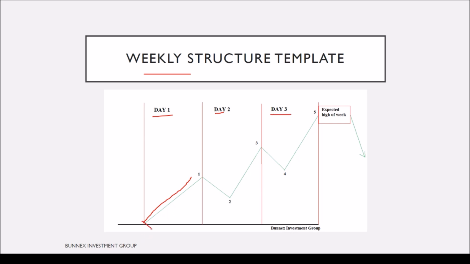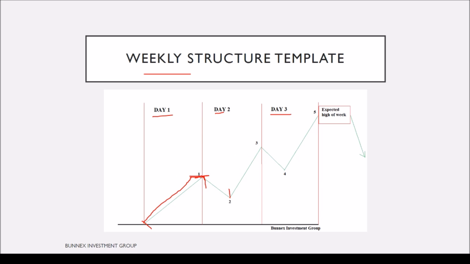Day 1, initiation, then termination. On its termination, that is where we see wave number 1. Then from this termination to number 2, it's a counter wave. And this can also be represented as a consolidation from this point to that point. And from this point to that point is the same manner.